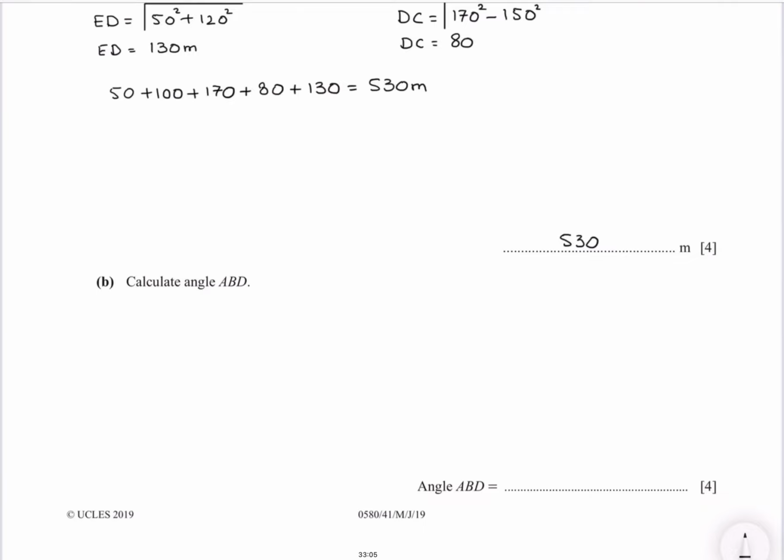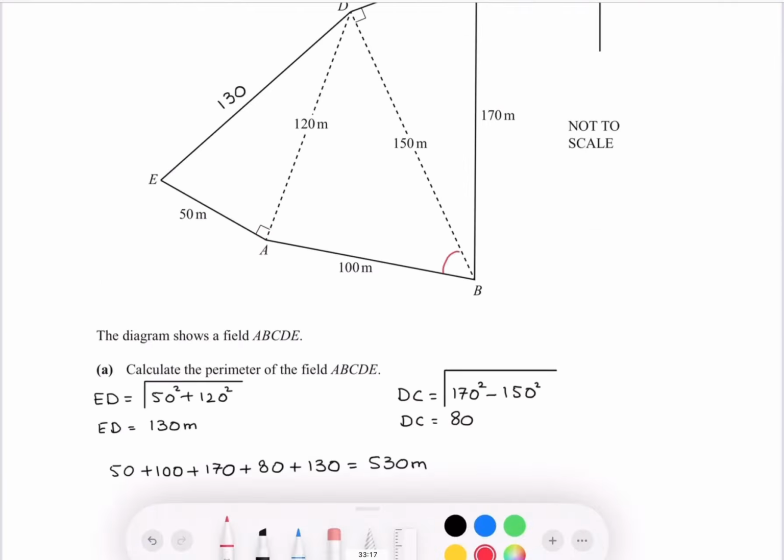Calculate the angle ABD. ABD, this angle. So it is not a right angle triangle. So we can use the cosine rule, because triangle ABD has no angle inside, all the 3 lengths are given.